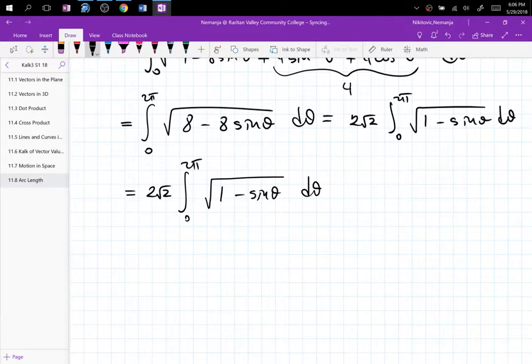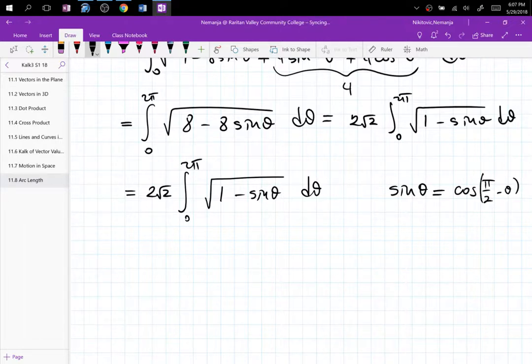Wolfram is saying to apply sine x equals cosine of pi over 2 minus x, but we don't have the sine on the outside for the u sub. So sine theta is equal to cosine of pi over 2 minus theta.